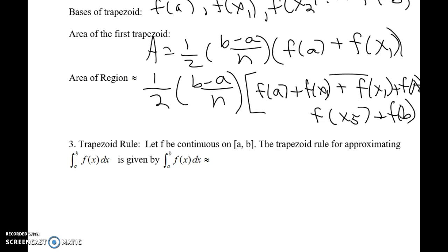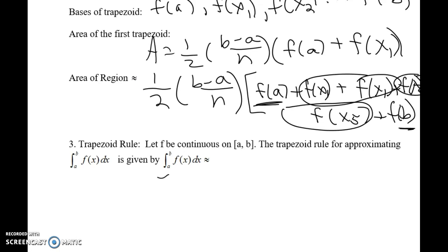If you notice, the x1s are repeated and the x2s, and all of the inner x bases are actually doubled up because they're on the left and the right side. The only ones not doubled up are the end ones, f of A and f of B. So we're going to simplify the area of the region.